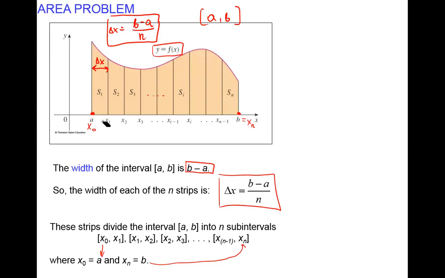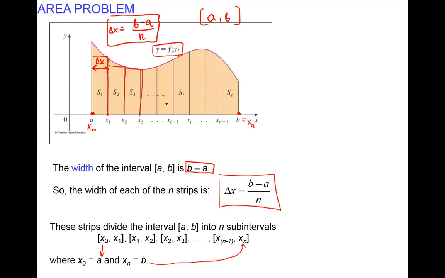We have to find the height of the rectangle. Let's say the right endpoint. That will be the height, and that's my rectangle. X sub 2 is on the right-hand side of the next one. That's my rectangle.